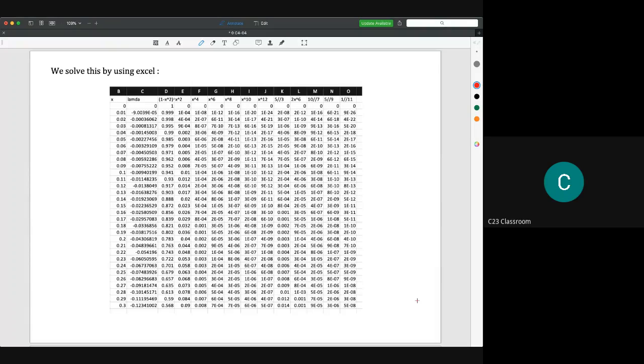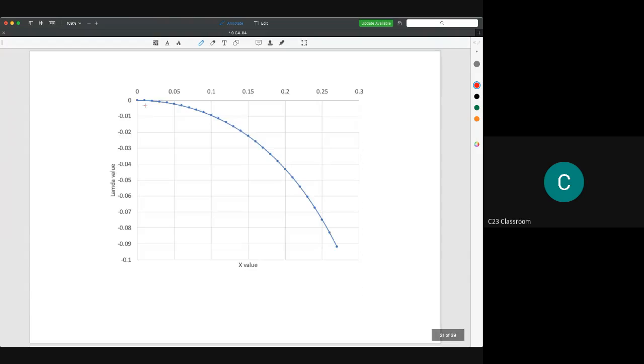We use Excel, so we have the value of x here and the value of lambda. If we plot a graph, we could get a graph like this one. The lambda value of negative 0.09 actually occurs at almost 0.26 something. So that is the idea.